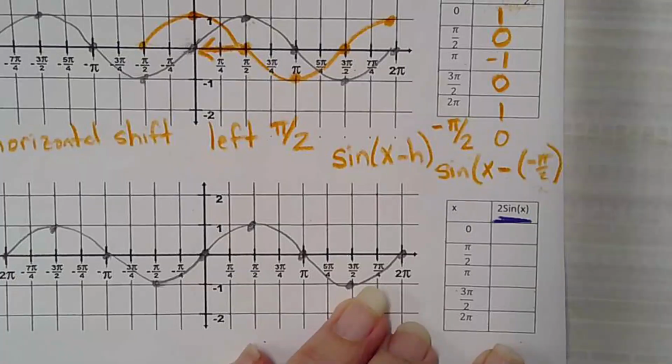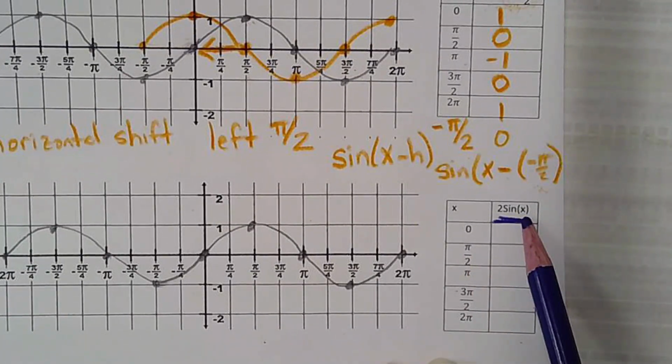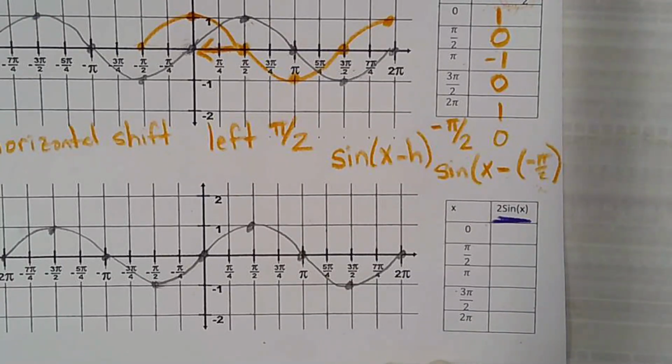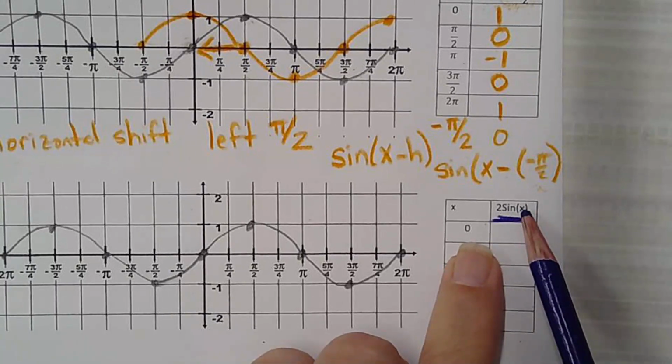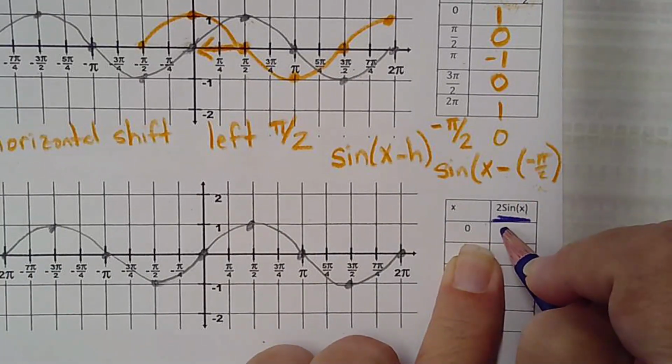is going to be y equals 2 multiplied by sine x. So let's think about our order of operations. We're going to plug the 0 in. We're going to take the sine, and then after we take the sine, we're going to multiply by 2. All right, so let's work it out. Sine of 0 is 0, and 0 times 2 is still 0.